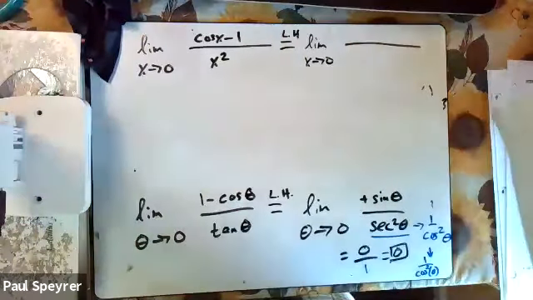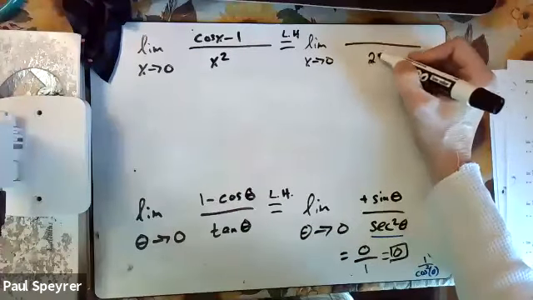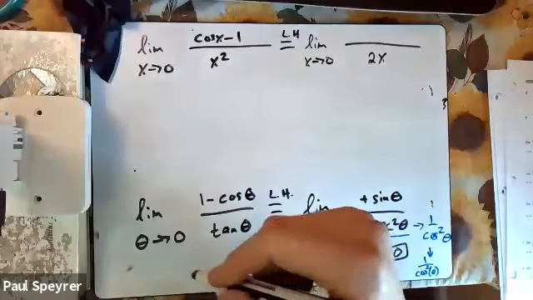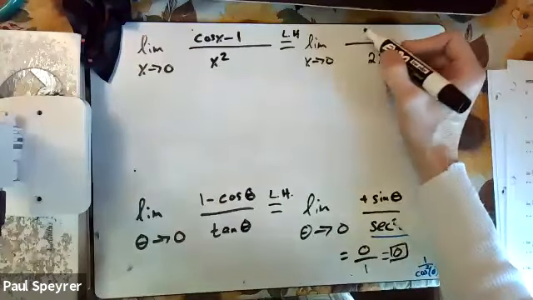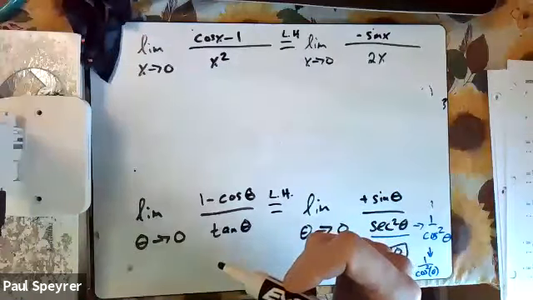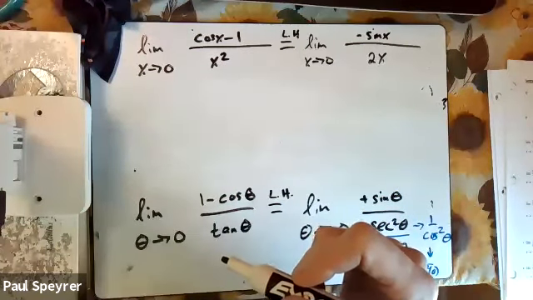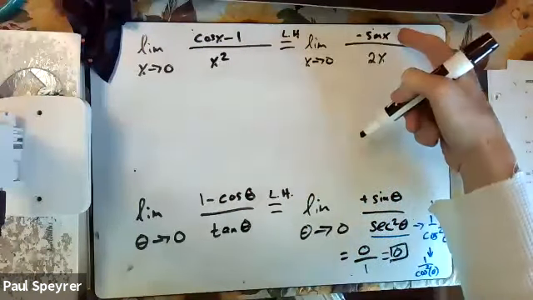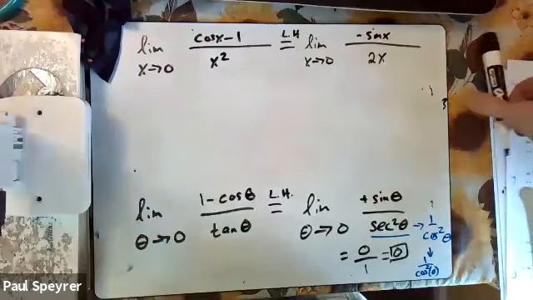So your denominator becomes 2x, right? Because we're taking the derivative. The top, we wind up with just a negative sine of x. Well, if we plug 0 in, what happens? We still have 0 over 0, right?